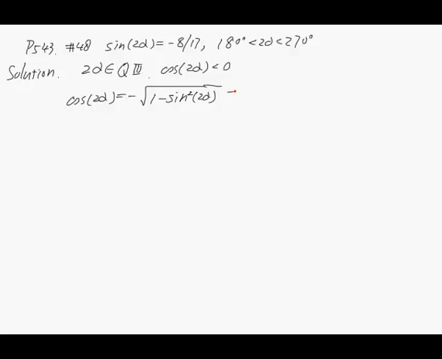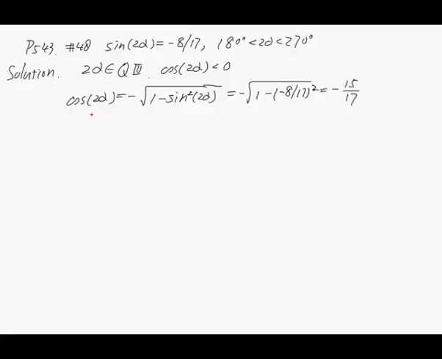Now you plug in negative 8 over 17 for sine of 2 alpha, and then you simplify, get negative 15 over 17. So after I find the cosine of 2 alpha, then I can use the half angle identity to find the sine alpha and cosine alpha, right? So this is why I first need to find the cosine of 2 alpha.